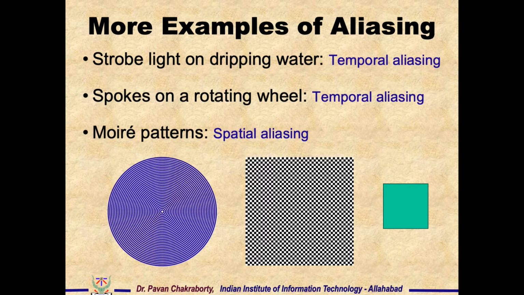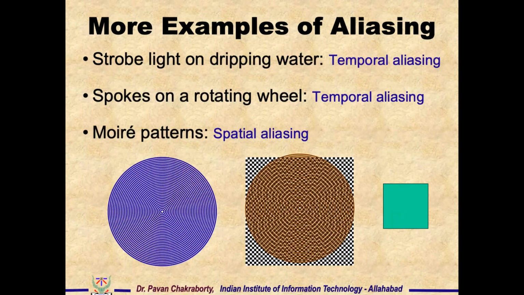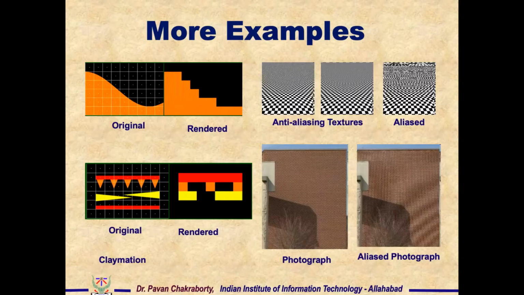A similar effect we see here when we pass behind a chessboard. Let us see it again. Here you see this effect. This is called the Moiré effect. The flickering occurs because of this sampling. The lower frequencies are lost and you get these effects.